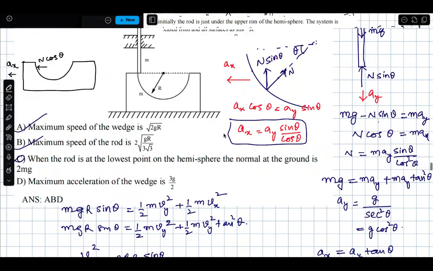Okay, so I got this constraint relation.